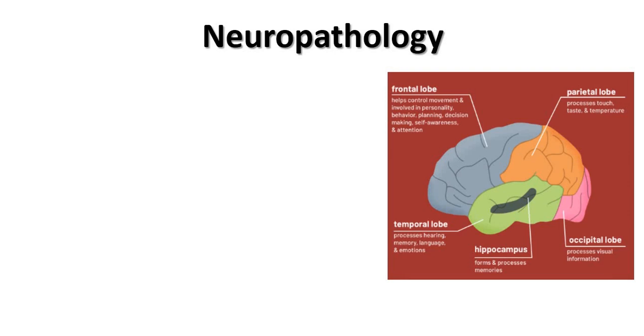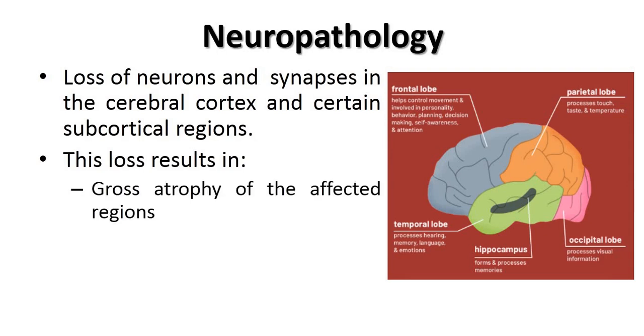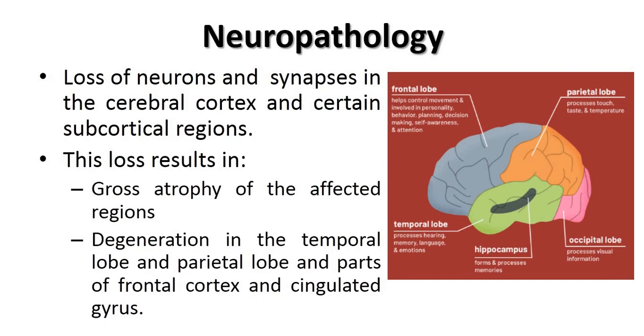Now what happens in Alzheimer's? There is a loss of neurons and synapses in cerebral cortex and certain subcortical regions. This loss results in atrophy of the affected region. That region gets atrophy. There is a degeneration in the temporal lobe and parietal lobe and parts of the frontal cortex and cingulate gyrus.